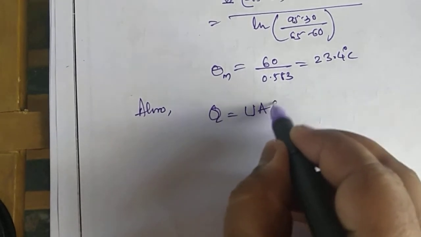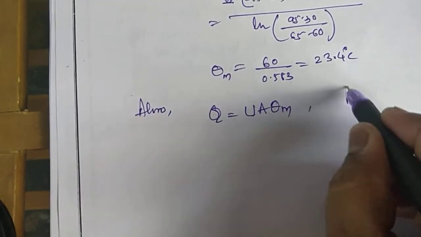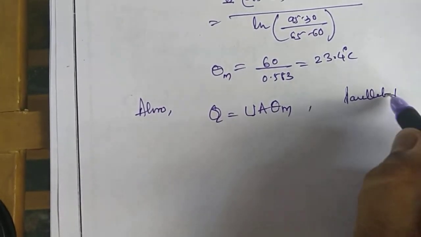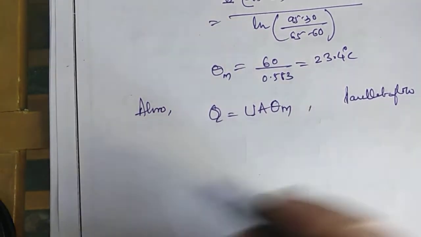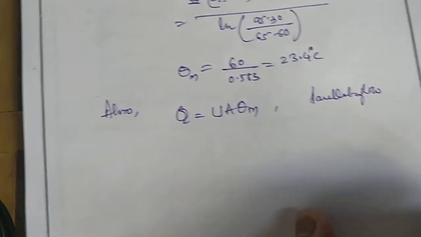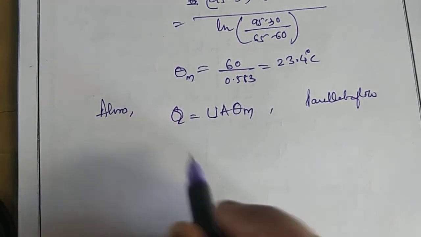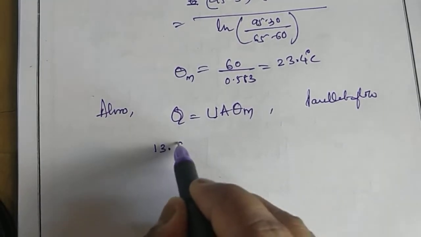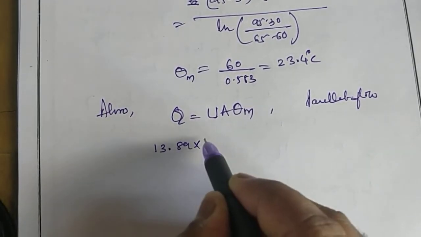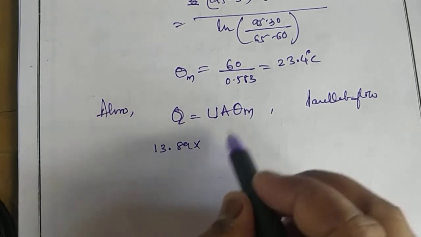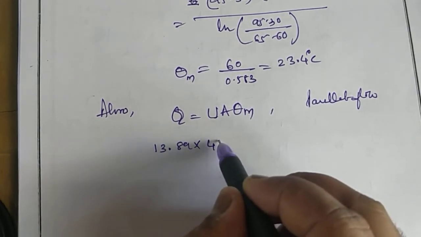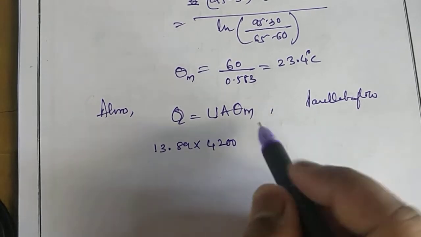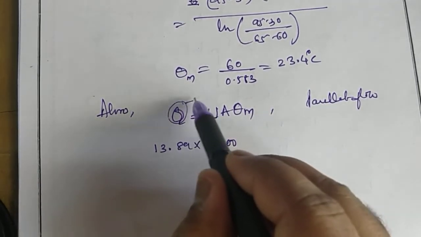And also we know that the general equation for finding Q is equal to UA theta m, for parallel flow. This equation we can substitute: 13.89, and 4200 joules per kg per K, because this value we can write as m Cp.